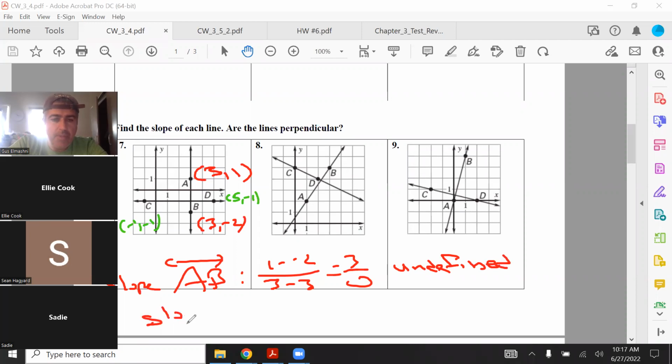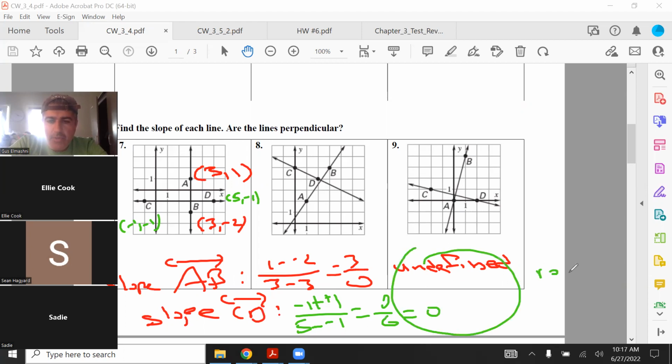The slope of CD, so I'm going to do this in green. -1 minus -1 over 5 minus -1. So you wind up getting 0 over 6. Of course, that's 0. Undefined and 0 are reciprocals of each other.